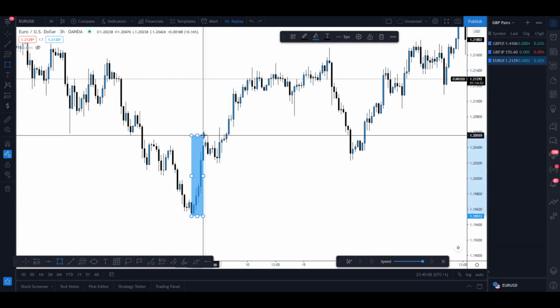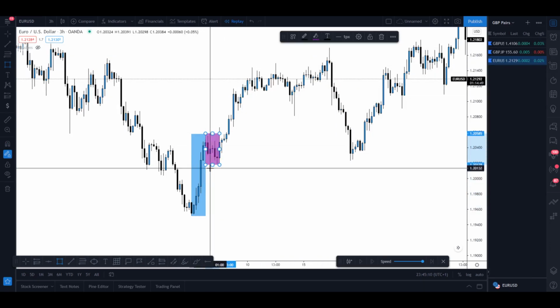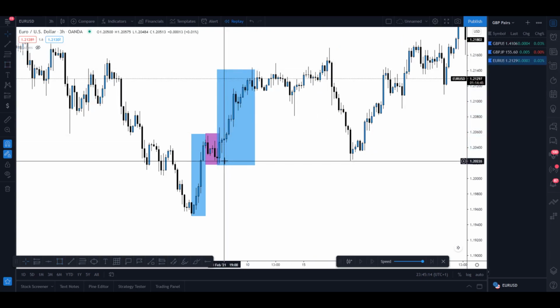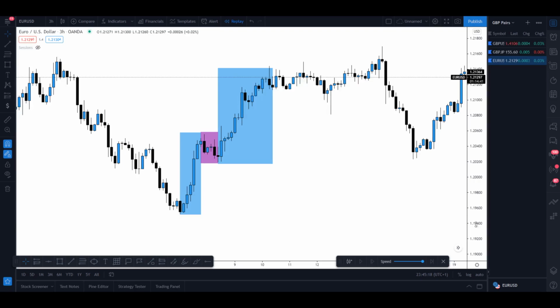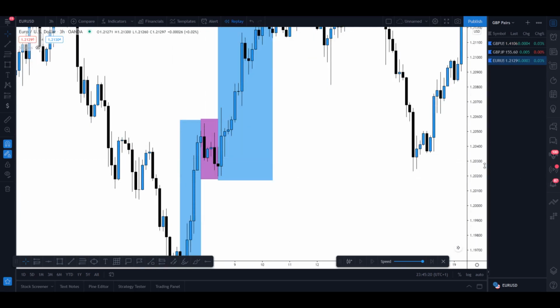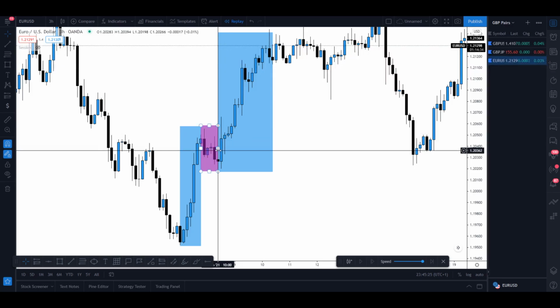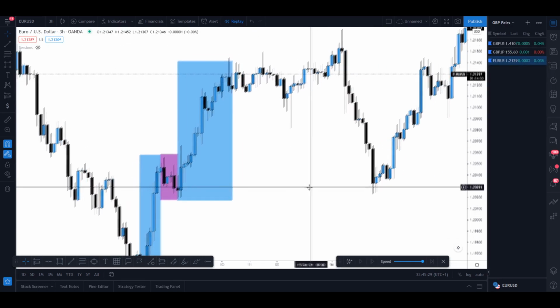But if your expansion was like this, and then retracement, which would be purple, and then re-expansion, the market would have perfectly respected this institutional candle right here, right? And I recommend you guys take it the way I did it right over here, by the first expansion, the second retracement, and then the expansion. So in this case, price ends up reacting off of that last institutional down candle before the major move up.